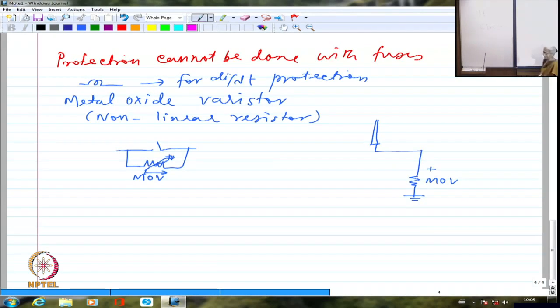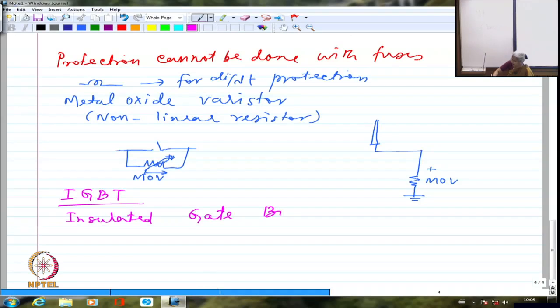Right? So let us take a look at IGBT. It is insulated gate bipolar transistor.